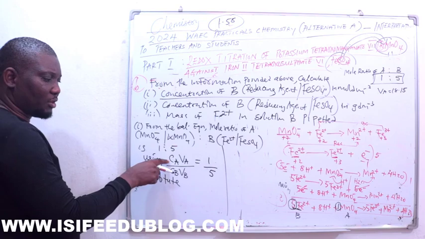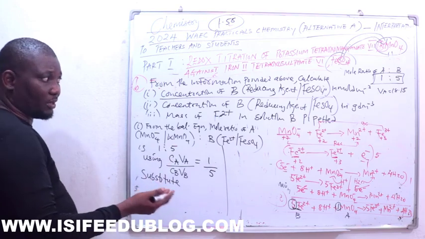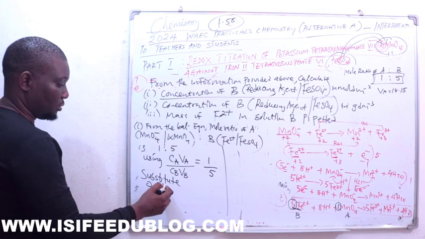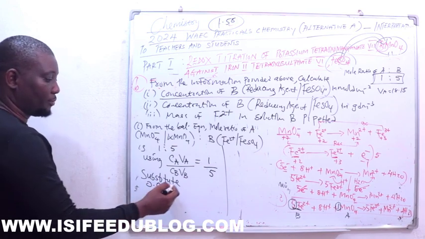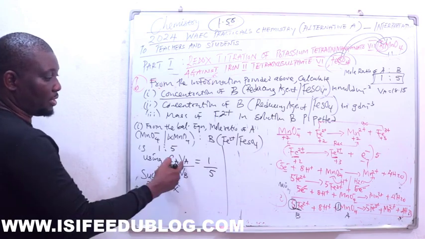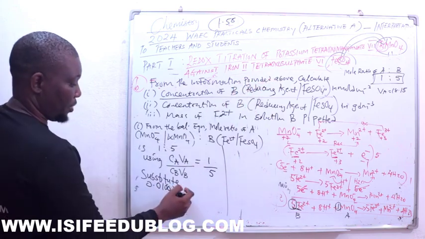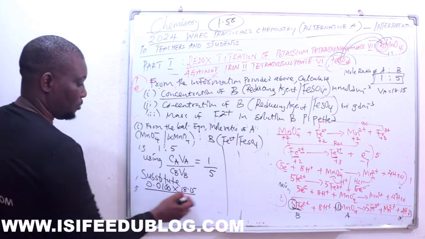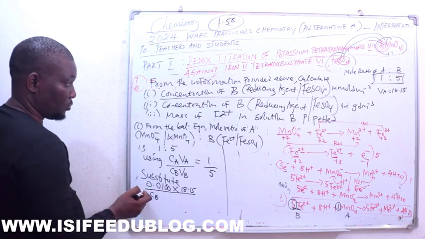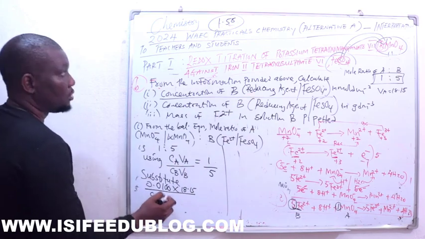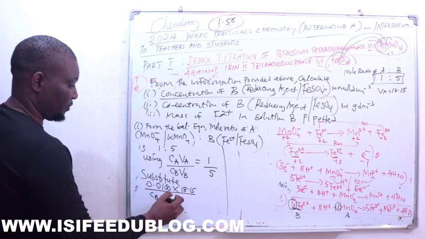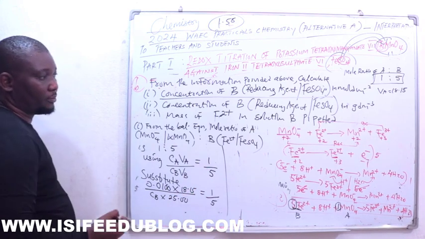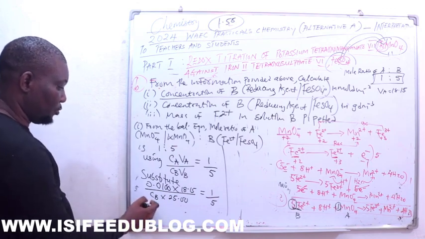The concentration of the acid was given from the information, so this one is given already, 0.0100, times the volume of acid, VA, from the titre table, 18.15, upon CB, which is what we're looking for, times the recorded volume of liquid, 25.00, equals 1/5.